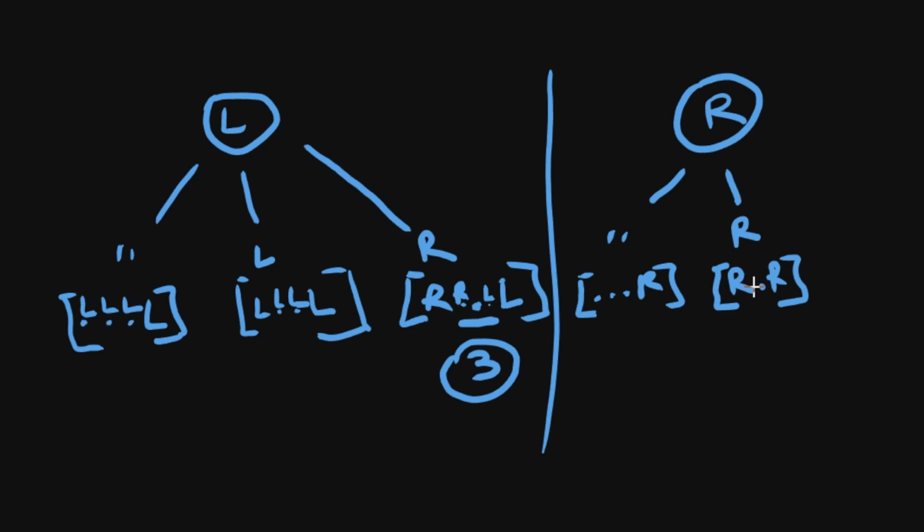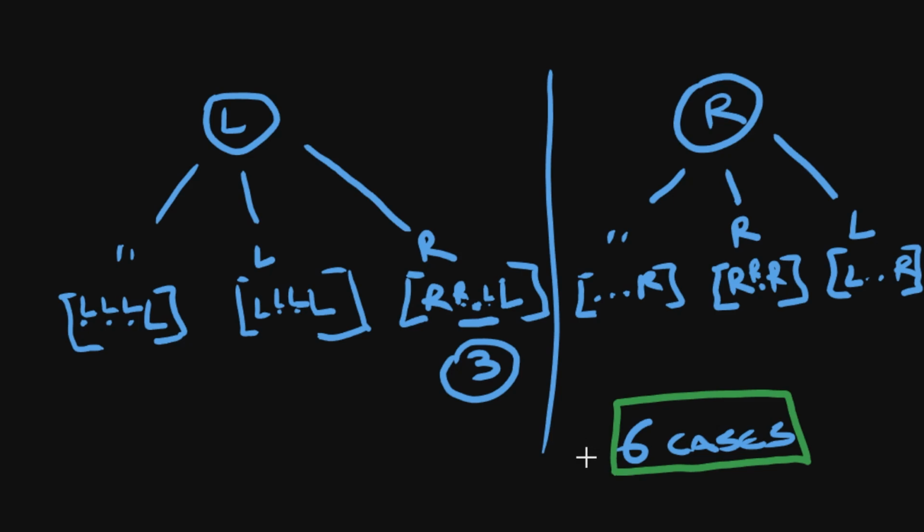Well, in this case we want to replace every inner dot with a right. And what happens if the current domino is right and the previous one is left? Meaning something like this: left dot dot right. In this case we will also keep it as it is. We won't do anything. So basically we have 6 possible cases, and with this approach we can solve this in time and space complexity of big O of n.